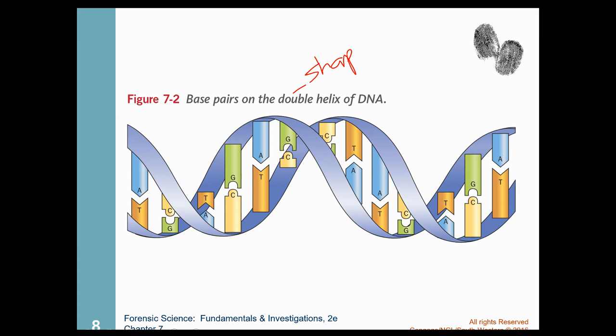You should know that that is the shape of the DNA molecule. And we have A goes with T and G goes with C. So A, T, G, C, that's going to be important to remember. You do need to know which two nitrogenous bases pair together. A pairs with T and G pairs with C.